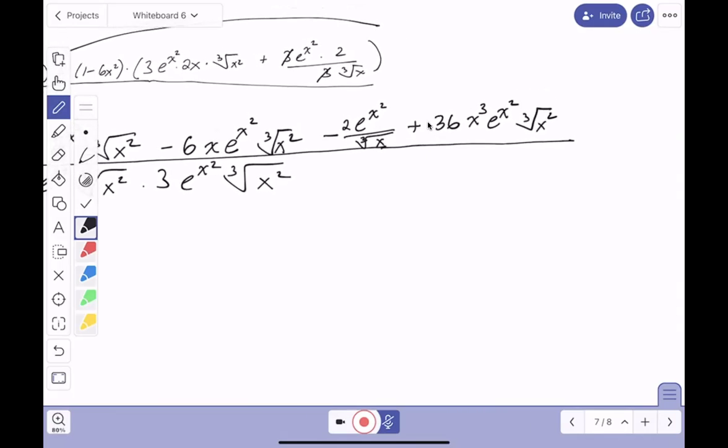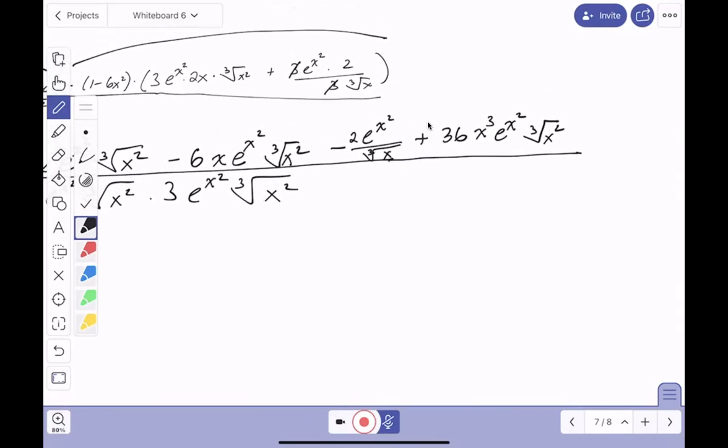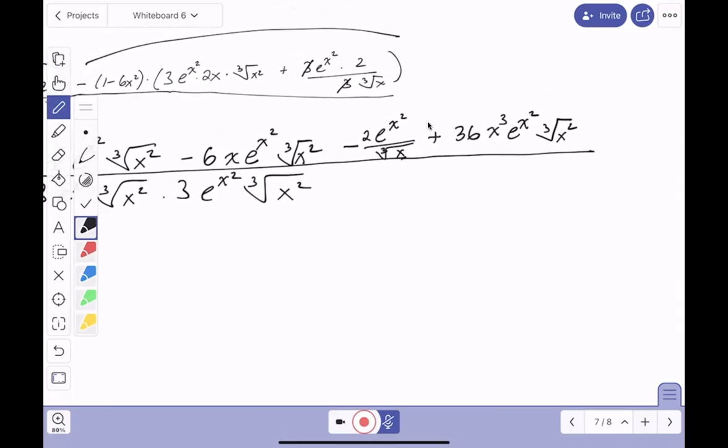Boy, I got to do this now, which is going to be tough. Plus 12x squared over the cube root of x.